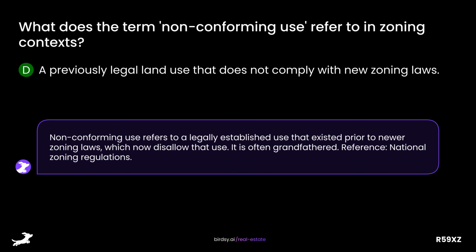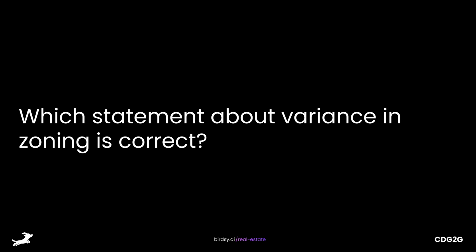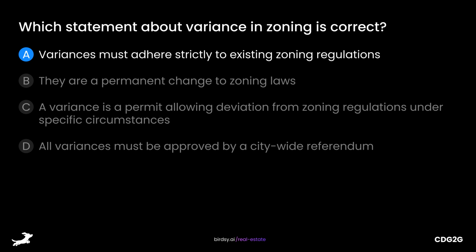Non-conforming use refers to a legally established use that existed prior to newer zoning laws, which now disallow that use. It is often grandfathered. Reference: National Zoning Regulations. Which statement about variance in zoning is correct? Is it A, variances must adhere strictly to existing zoning regulations?